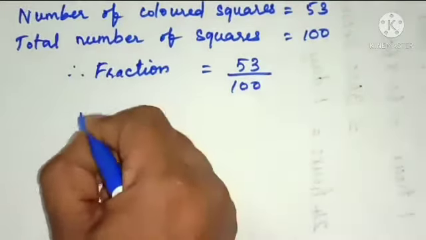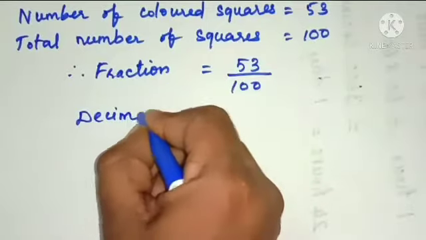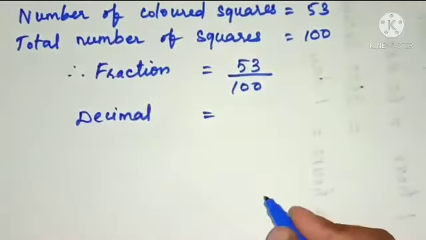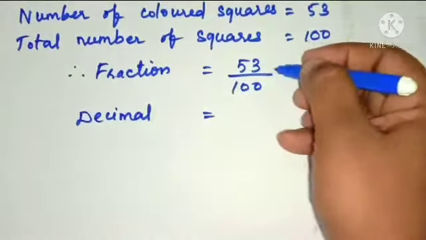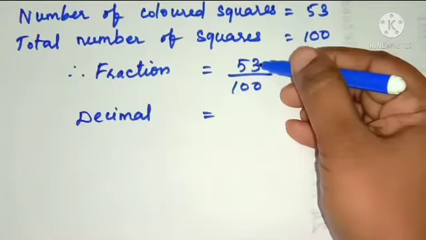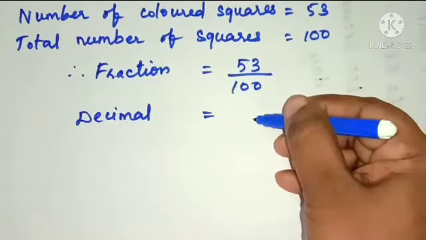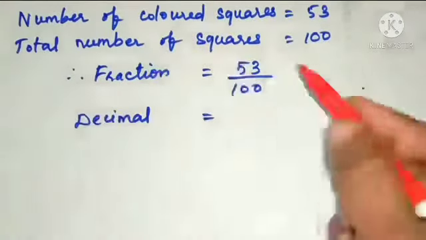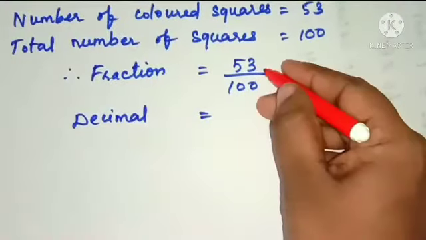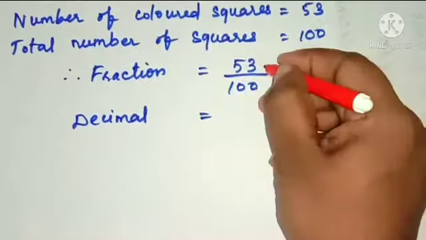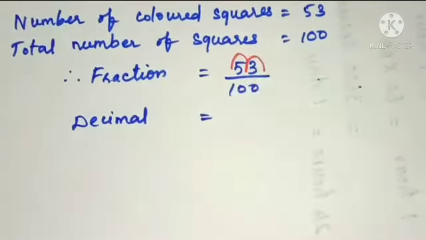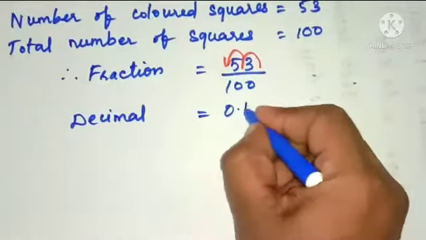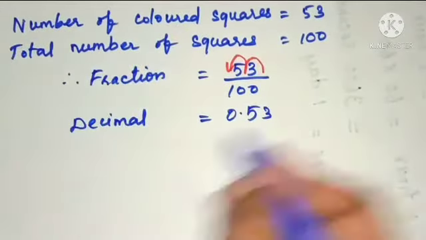Okay, and we know how to write the decimal number. We know how to convert a fraction into a decimal. Here in the denominator there are 2 zeros. Thus we have to put the decimal point before 2 digits. So the decimal number will be 0.53.